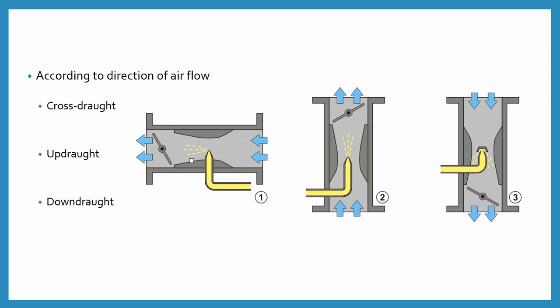Now coming to the second one, which is called the updraught. The updraught is another type of carburetor in which air enters at the bottom and leaves at the top, so that the direction of the flow is upward.